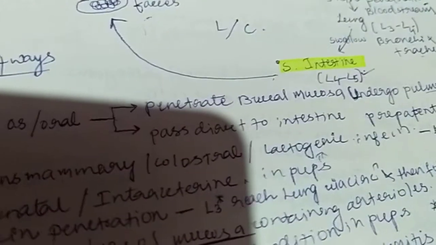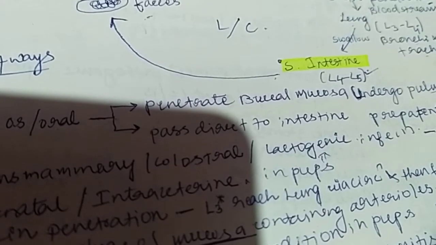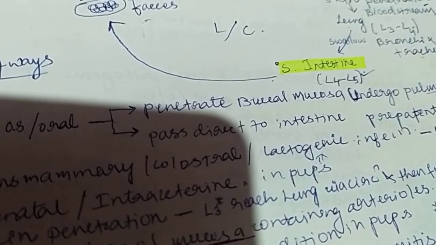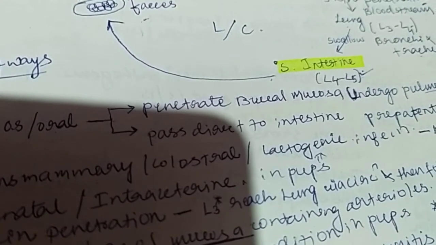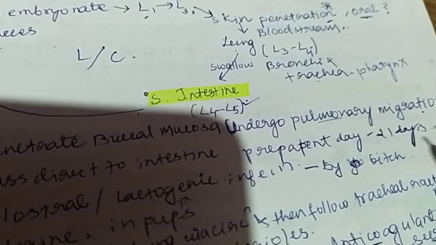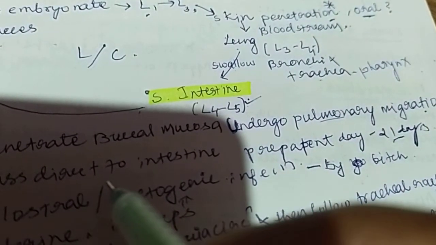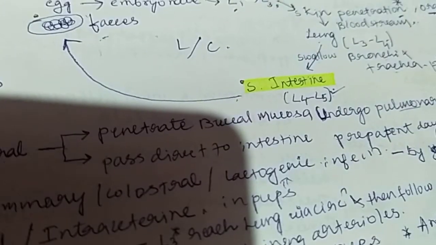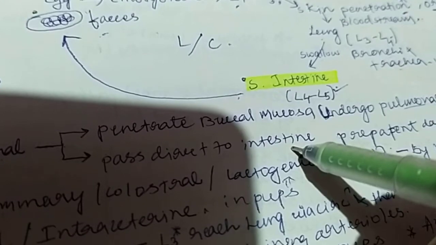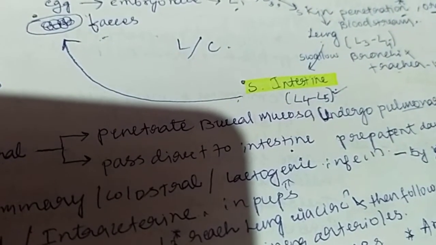This is when the larva penetrates the buccal mucosa. Another route can be directly going to the intestine from the mouth, and in such a condition the prepatent period is 21 days, and it is directly ingested by the host. It will enter the intestine, and in the intestine, it will mature to produce eggs. There is no pulmonary route of migration.